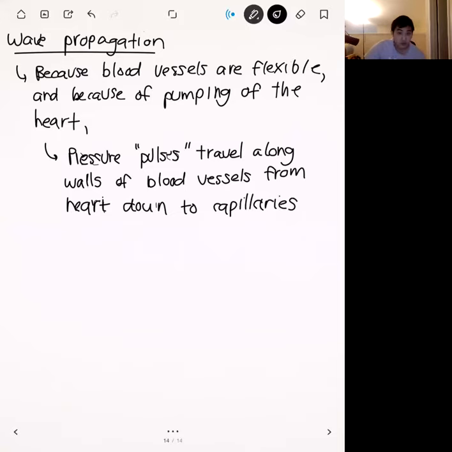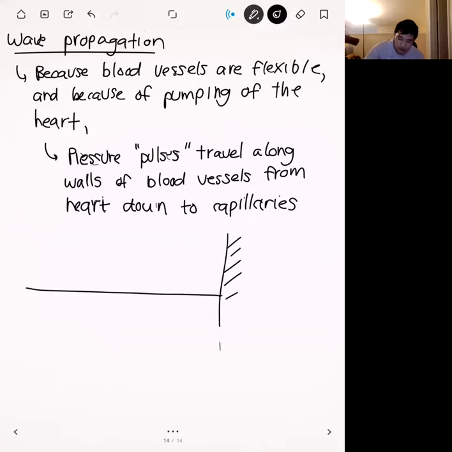Okay. And then these pressure pulses are going to reflect off of the capillary bed, and then they're going to travel back up the tree. Okay, and so the analogy that we use for this is a pulse traveling along a string.